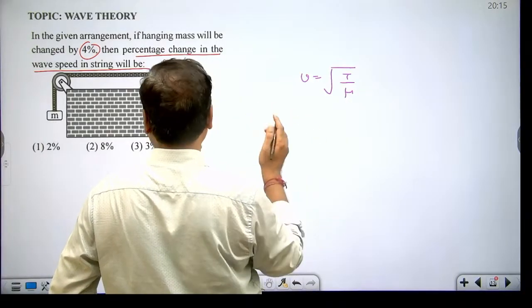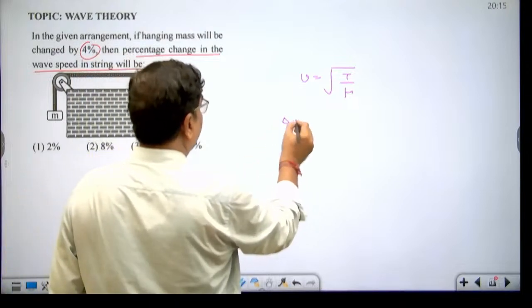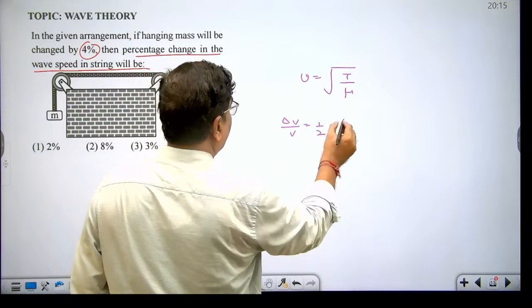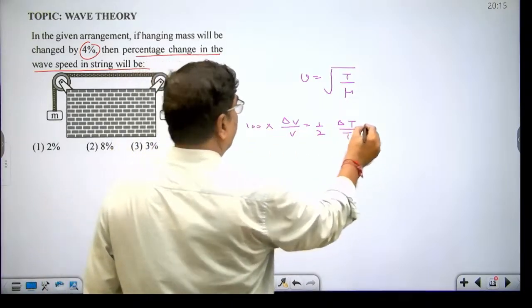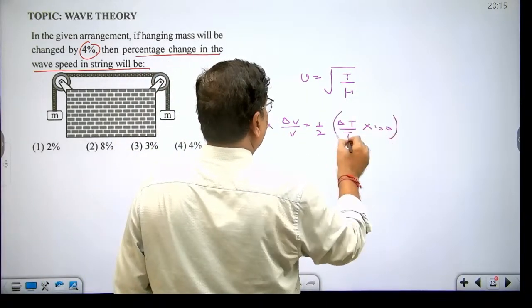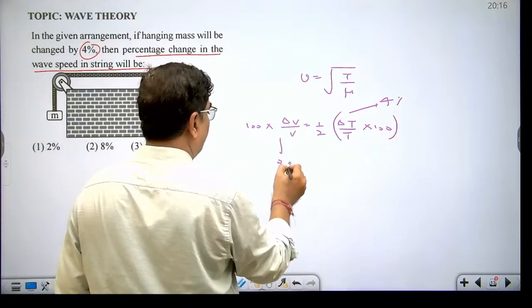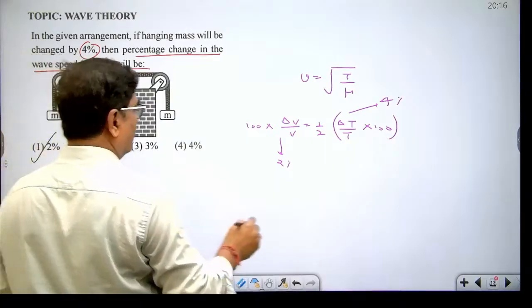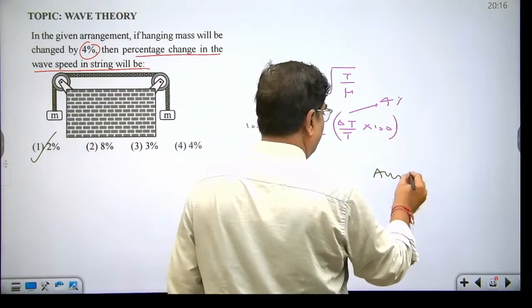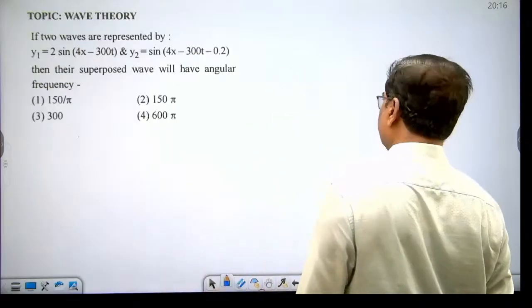Speed will change by delta v upon v equal to half delta T upon T into 100. If it changes by 4%, it changes only by 2%. Okay. So out of 4 choice, the correct answer is option 1.